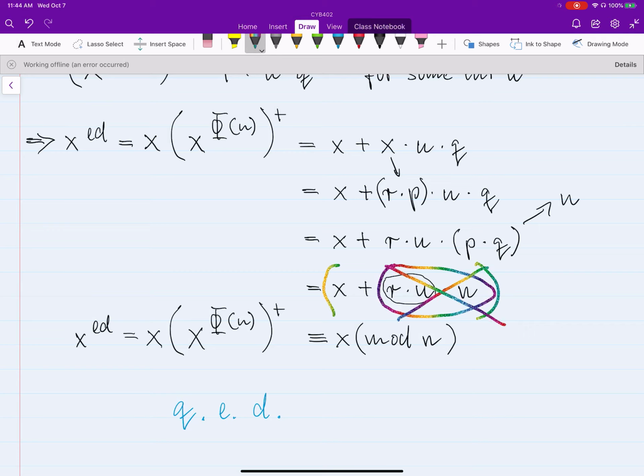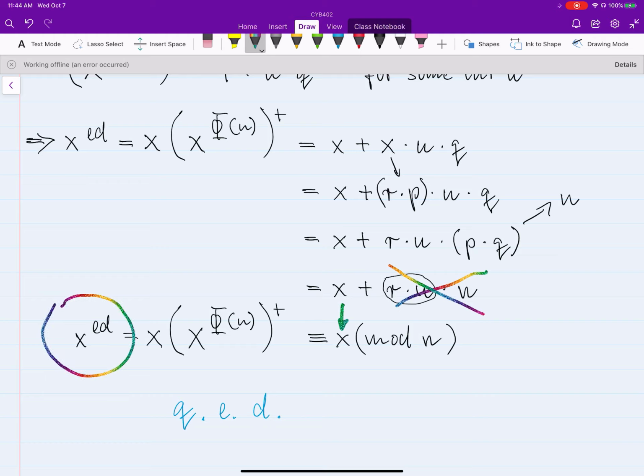And what stays is that we have x here. So x to the ed is congruent to x modulo n.